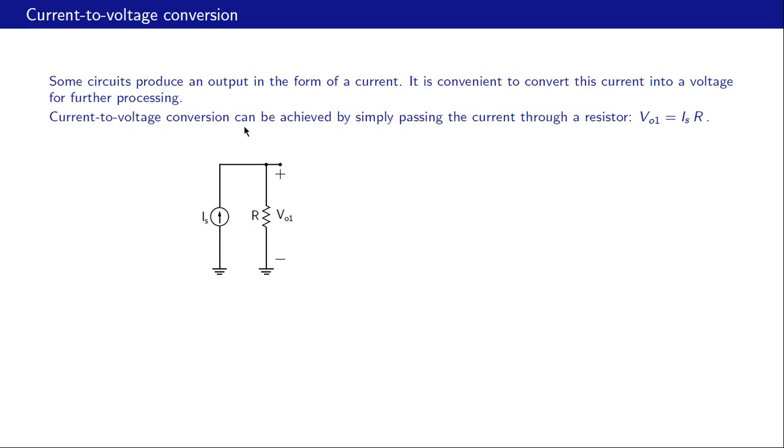Now, what is the simplest way of converting a current to a voltage? Just pass it through a resistor. So this is our signal current Is. We pass it through a resistance R, and that produces an output voltage Is times R, and that's exactly what we want. We have got a voltage which is proportional to our signal current.